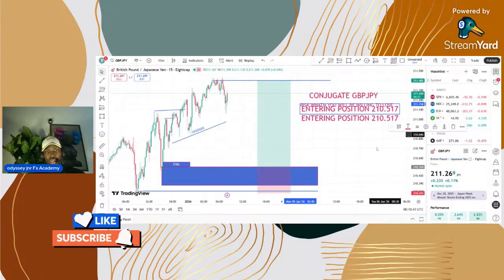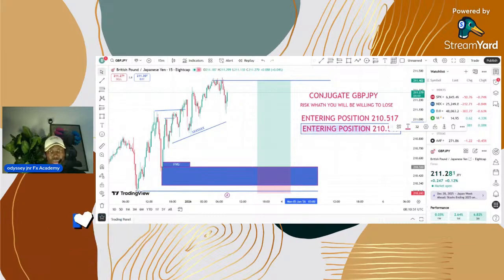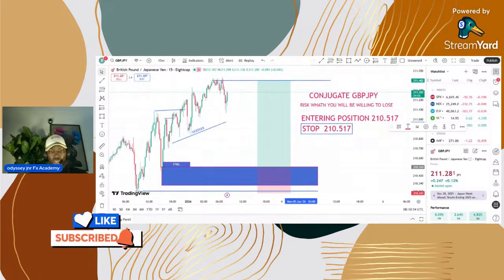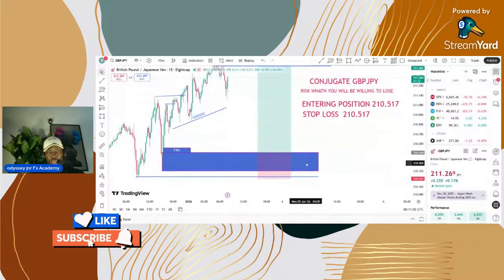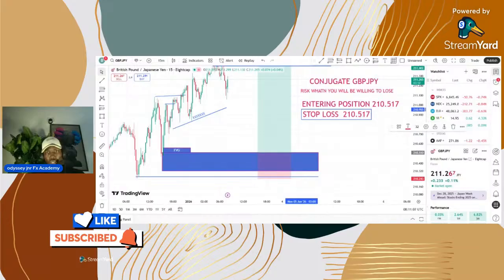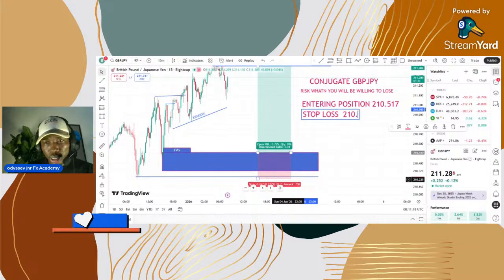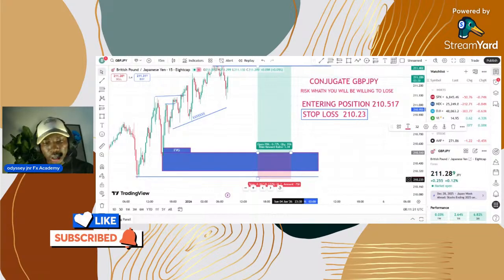From this, our stop loss will be 210.235.